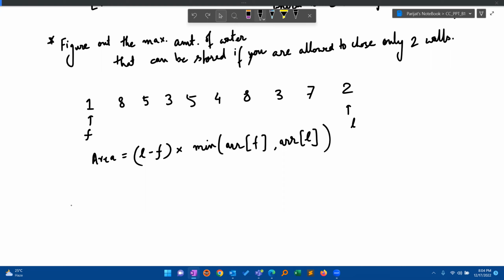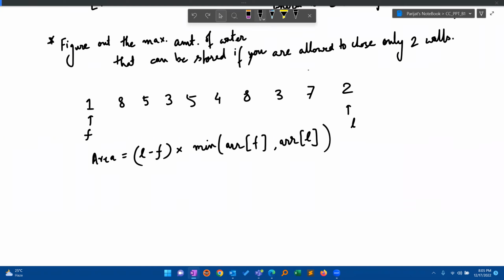Okay, so you are saying that, I'll just explain it a bit more. The moment you move the pointers, you know that the width will shrink, right? The width has to shrink, whichever pointer you move, because this is the maximum width you get. So now the game is only with the heights. If there is a smaller height, the smaller height becomes the bottleneck, right?